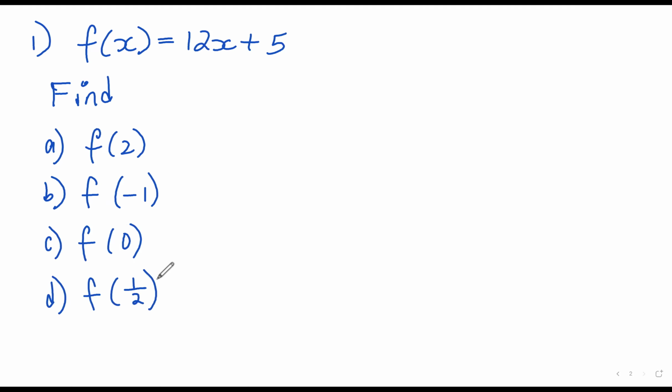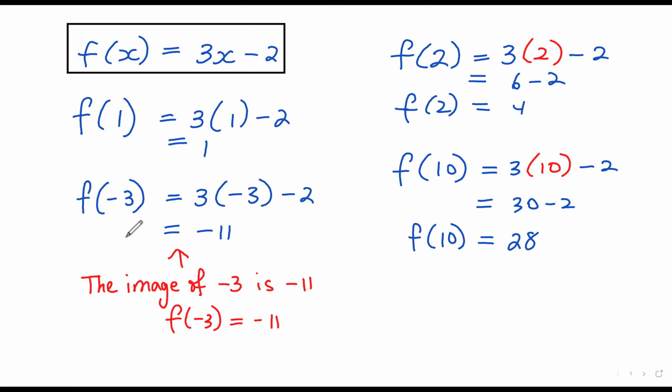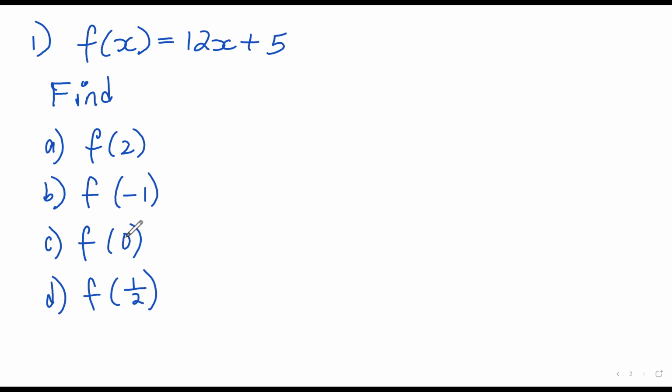Okay? So you're finding the value of the function 12x plus 5 when first x is equal to 2, x is equal to negative 1, x is equal to 0, and x is equal to 1/2. But I want you to write it out like this for me, right? With the substitution in there.